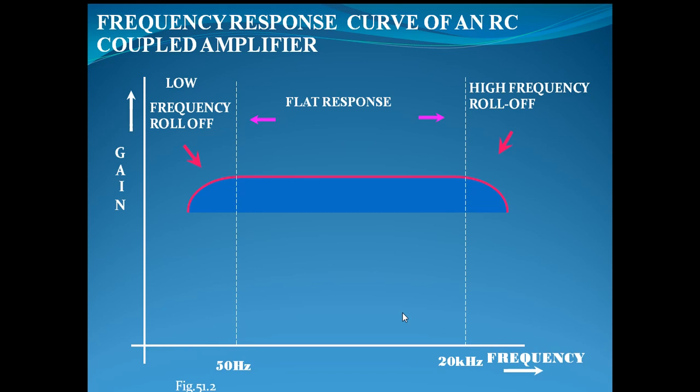By calculating the gain for each and every frequency, 0 to 50, 100, 200 and so on, 1 kilo, 2 kilo, up to 20 kilohertz and so on, the frequency response curve is shown like this. This pink color line shows the frequency response.